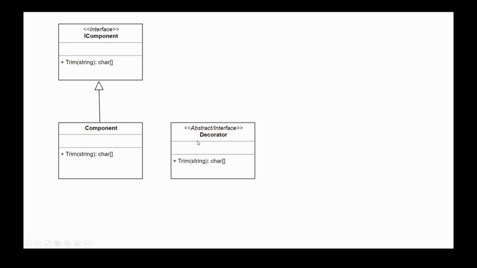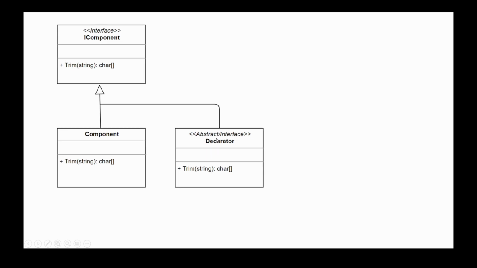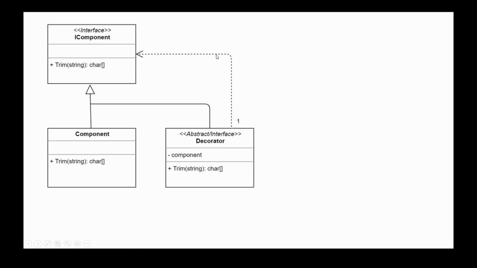So I implement a decorator. It is an abstract class or interface. This decorator also extends or implements the interface that is implemented by the class we have to extend. And the decorator also has a value of the type IComponent.